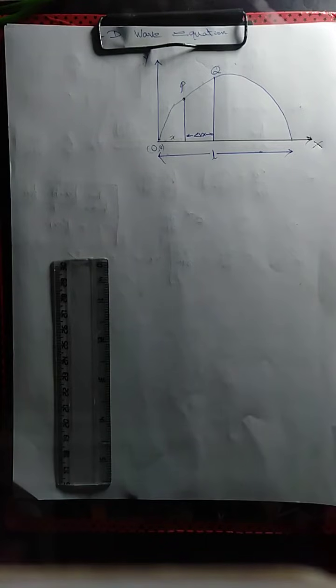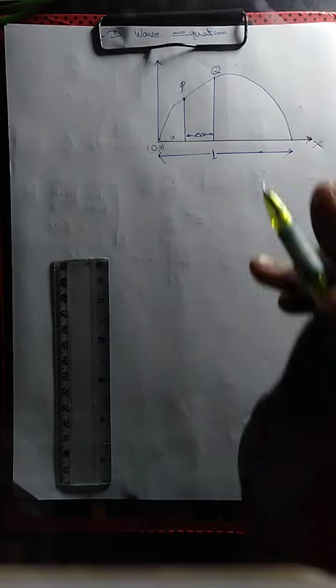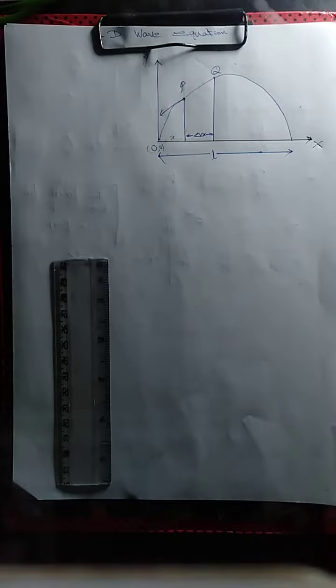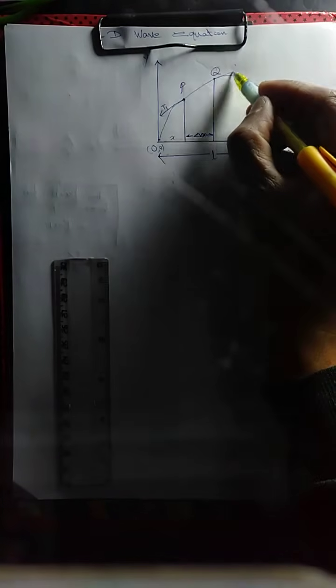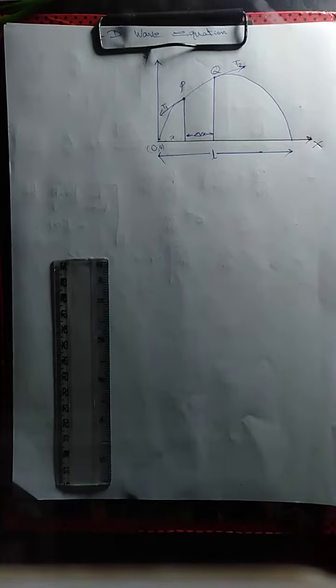Then what can we say about the forces that act on that chunk PQ? At the point P, we have a tension that acts in this direction. Let's call it T1. At the point Q, we have a tension that acts in this direction. Let's call it T2. Let's break those tensions into horizontal and vertical components.